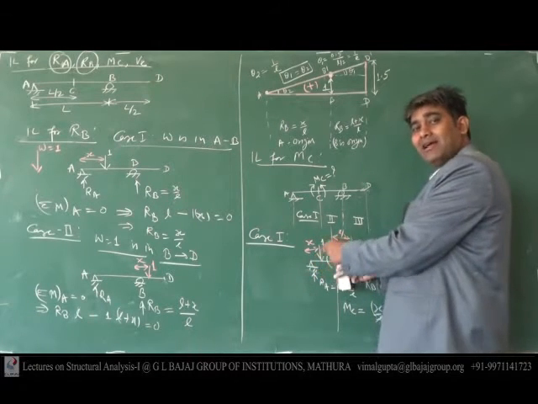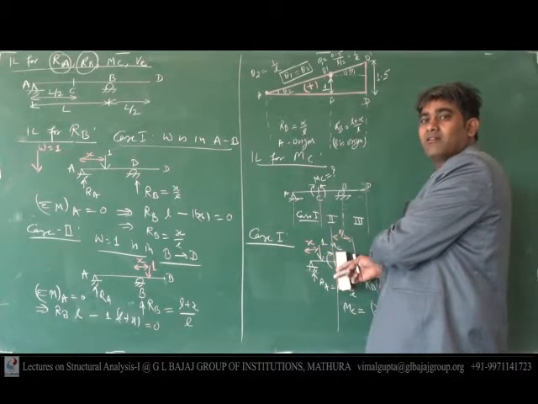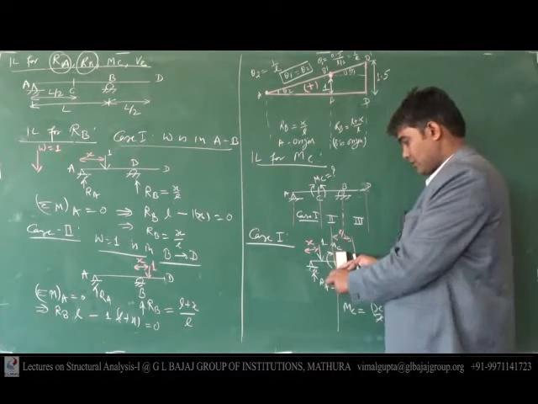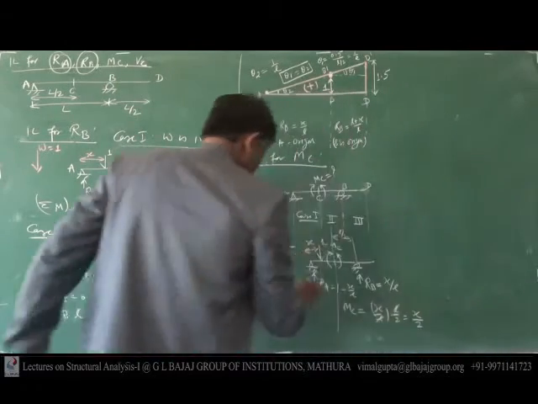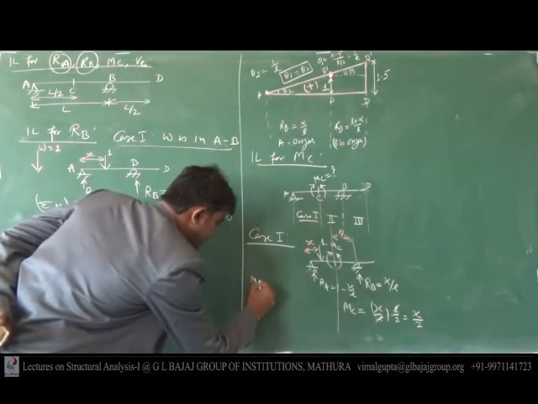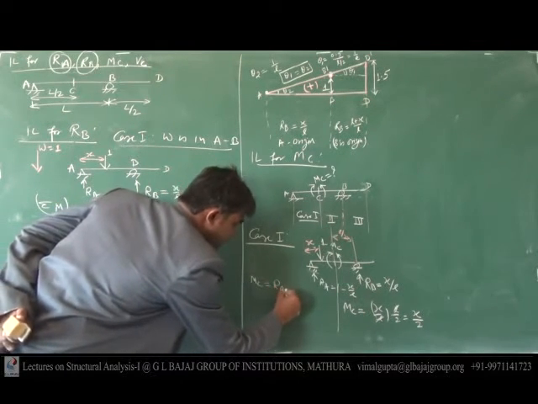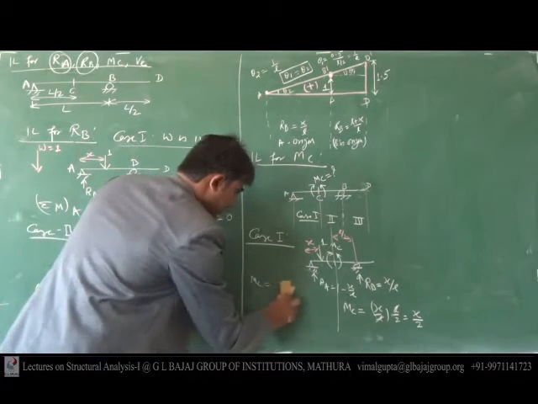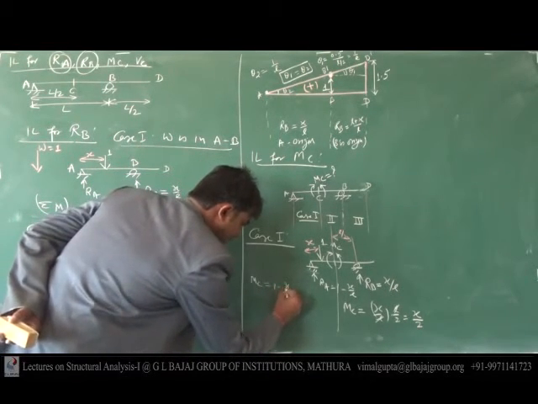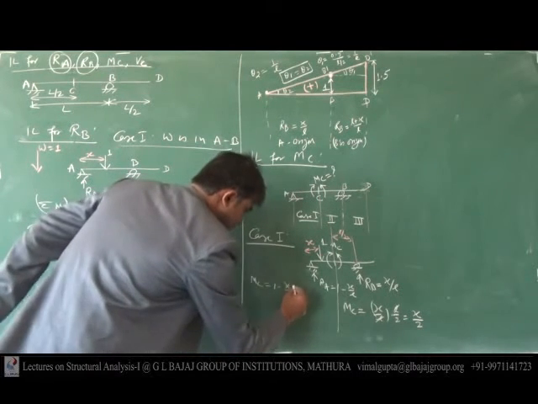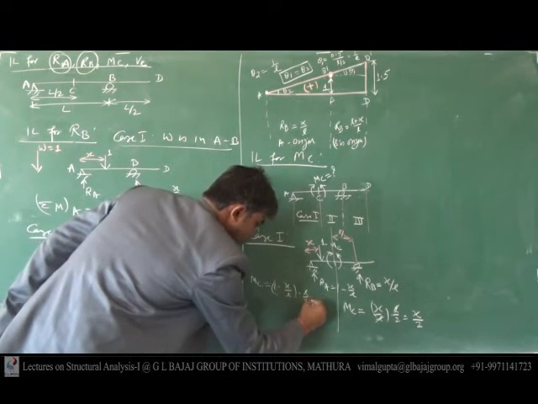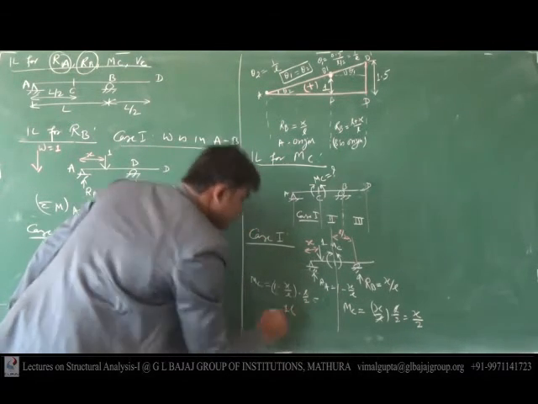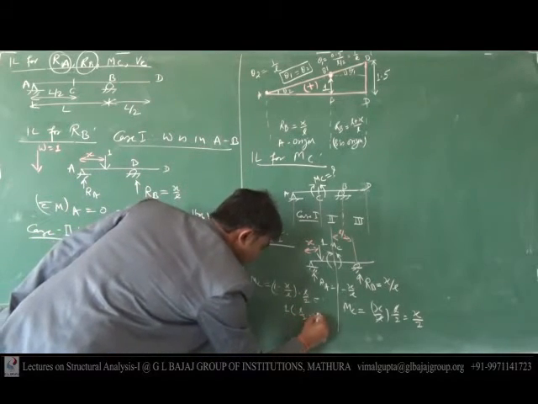Okay, so whether you work from this side or from that side, you will get the same thing. So what will be that value? Value of MC equals RA into L, where RA means 1 minus X by L, into L by 2, minus 1 into L by 2 minus X. Equate it.